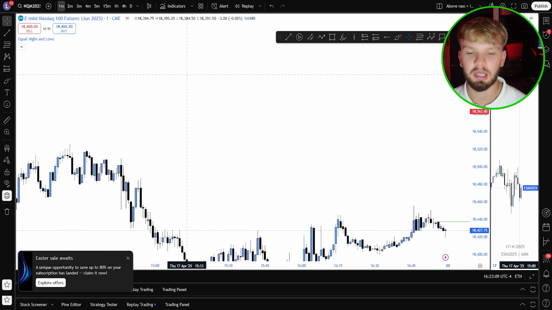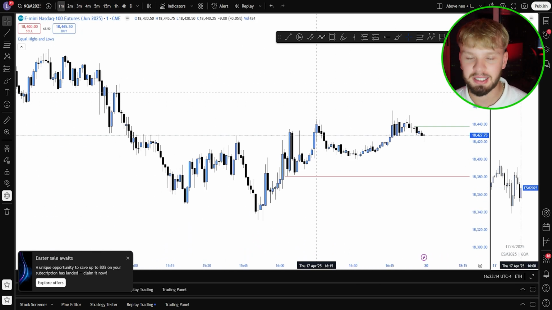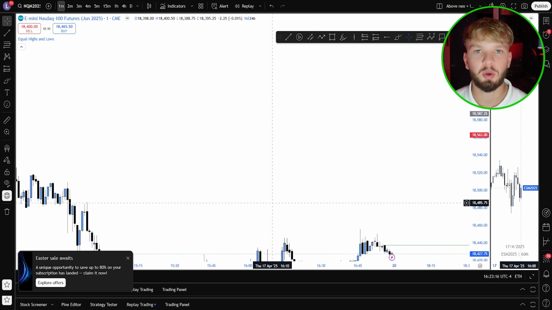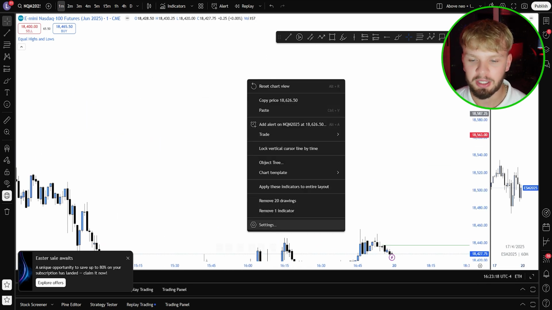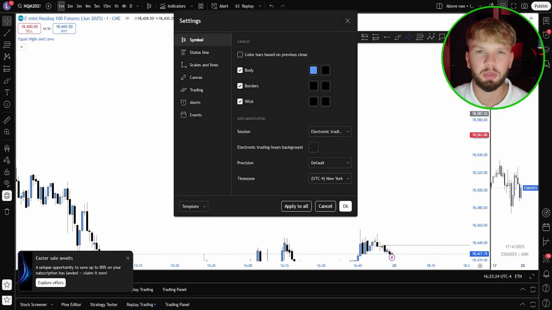Now you might be wondering, why are my candles black and blue and yours are green and red? The first thing that you're going to want to do when you open up TradingView is right click, go to settings, go to symbols, and change the color of your charts. Now you might be wondering, Louis, why is this so important? When you are trading, you can make money when the market is going up just as much as when the market is going down.